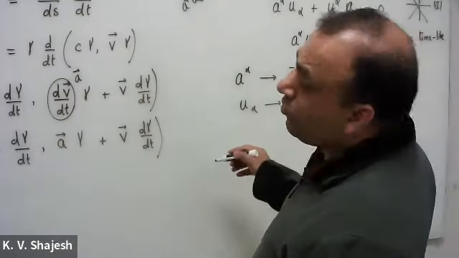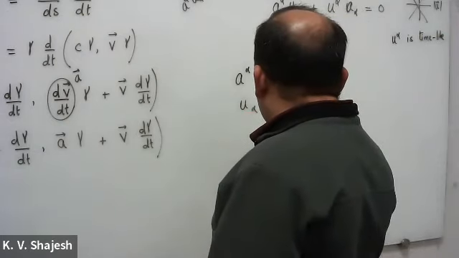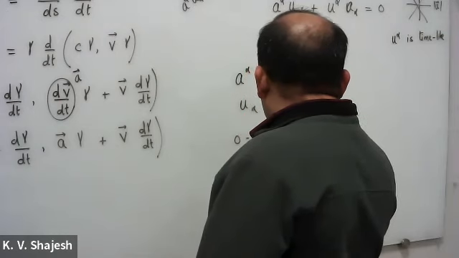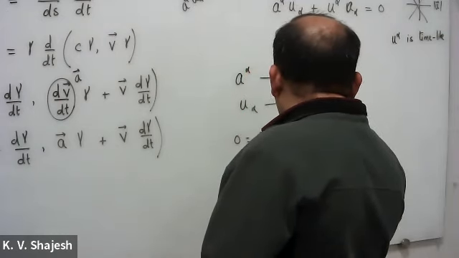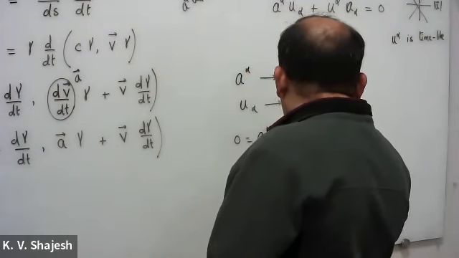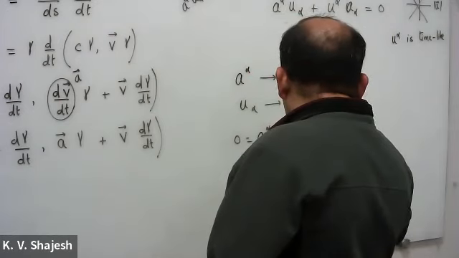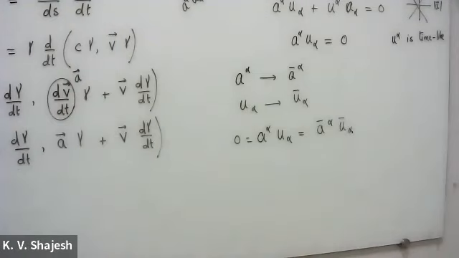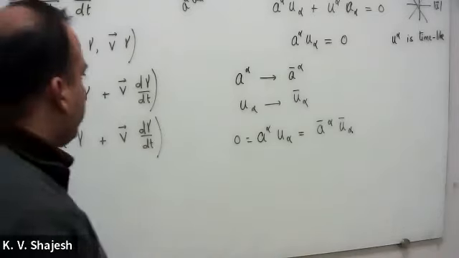So I will have a alpha u alpha, which is 0. It is independent of which frame I am working in. There are infinite number of frames which are going with uniform velocity with respect to me.